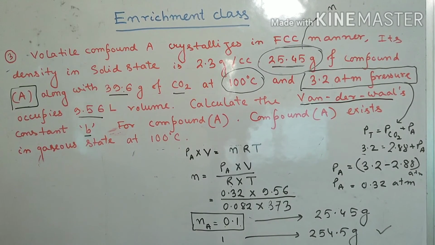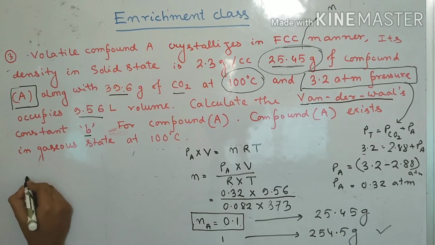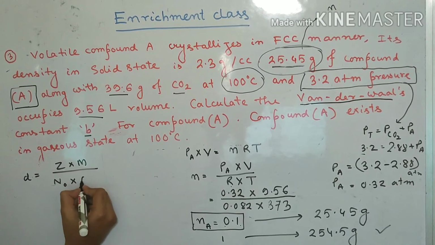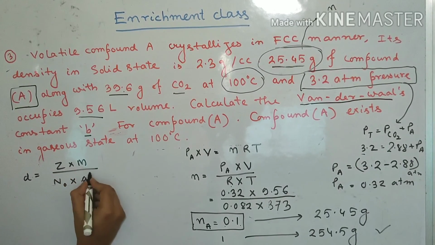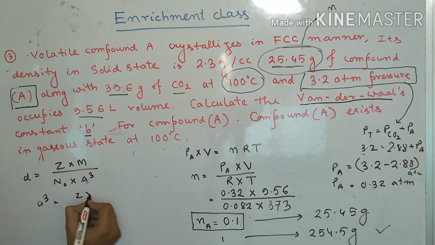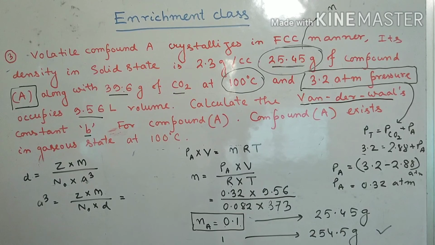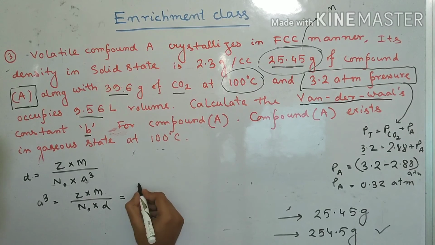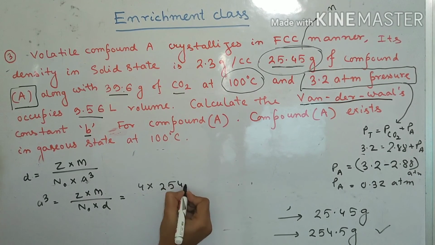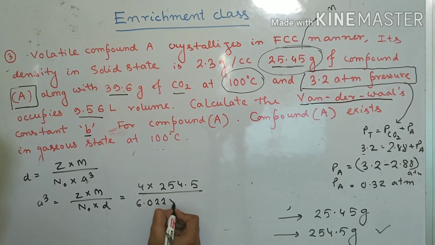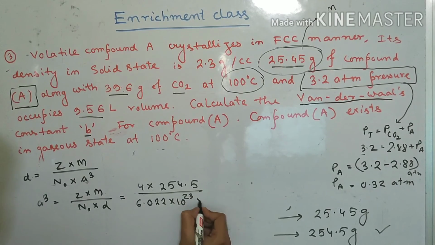So after getting the molecular mass, we know that density is equal to Z into M divided by N0 into a cube. So a cube should be equal to Z into M divided by N0 into d, which is 4 into 254.5, which we have just calculated, divided by 6.022 into 10 to the power 23 into density.